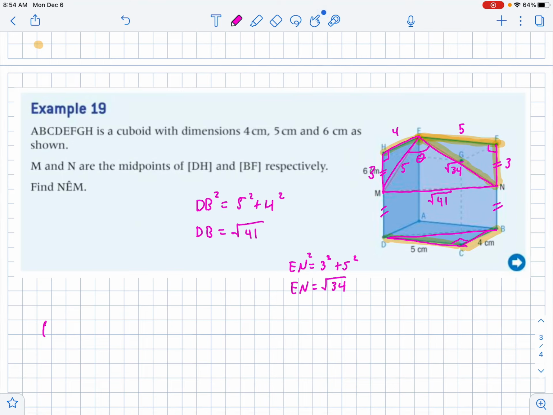So, square root of 41 squared is equal to 5 squared plus root 34 squared minus 2 times 5 times root 34 times the cosine of angle NEM.